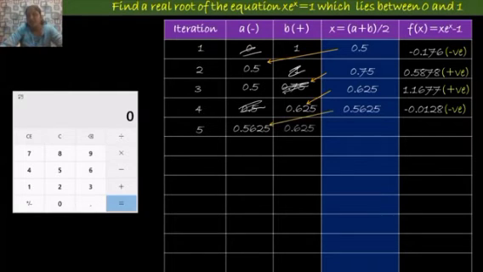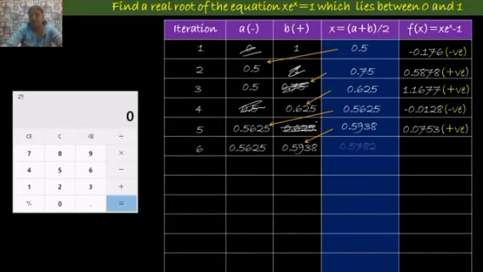Take b as it is, as usual add and divide by 2, and at this point the function is positive. If it is positive, you replace b by 0.5938. Add and divide by 2 and you get 0.5782, and at this point you get a positive value.